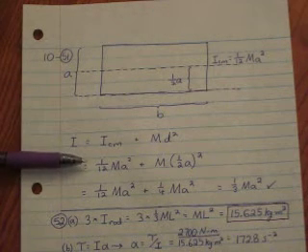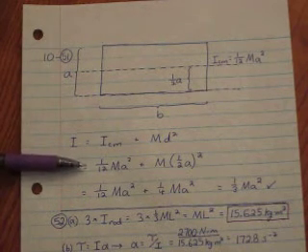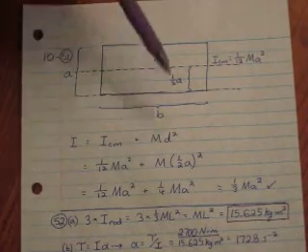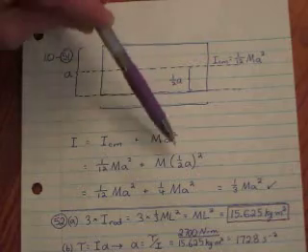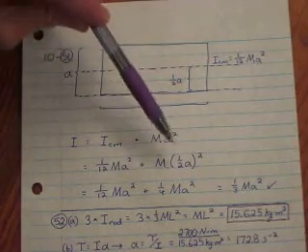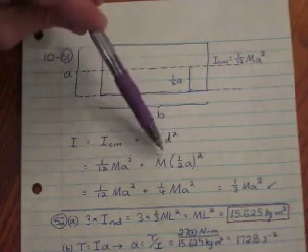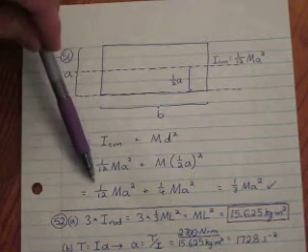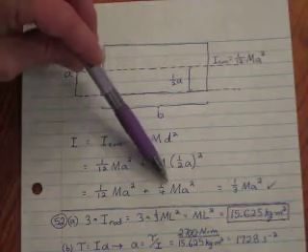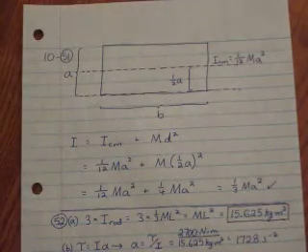So we look up in the table and we get 1/12 ma squared plus mass times, and here's the distance between these two axes, 1/2 of a, so 1/2 of a squared, which is going to turn this term into 1/4 ma squared. So 1/12 ma squared plus 1/4 ma squared equals 1/3 ma squared.